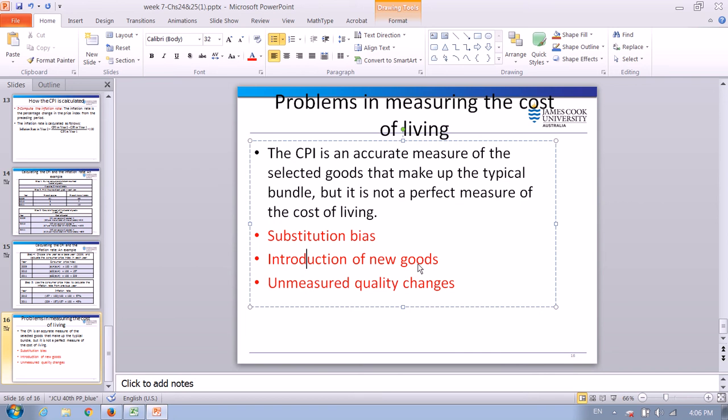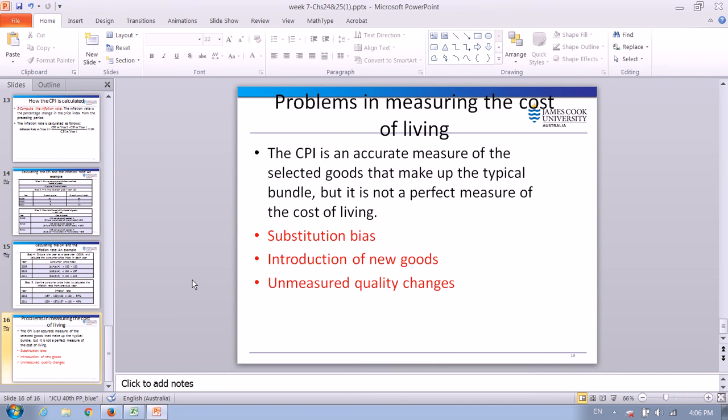And also CPI does not account for unmeasured quality changes. For example, a computer 10 years ago would be quite different from a computer nowadays. A computer nowadays is much more powerful than computers 10 years ago, and this is not captured in the CPI calculations. Alright, that's all we want to cover this week in the lecture summary.